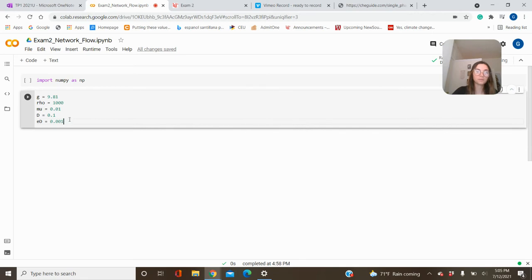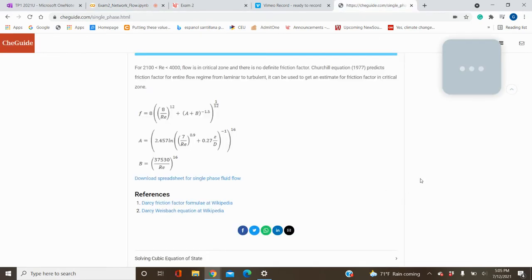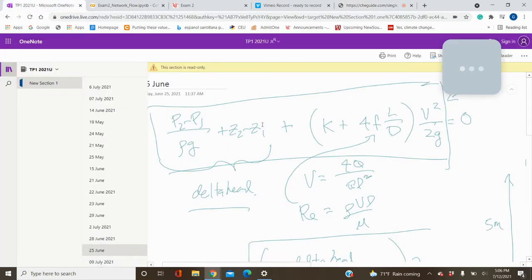Now that we have those put in, the next step in solving the problem is to use the Churchill correlation equation to predict our friction factor. We want to solve for our friction factor because it is the only unknown we have right now.